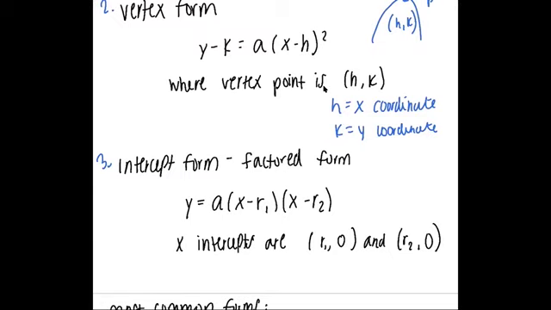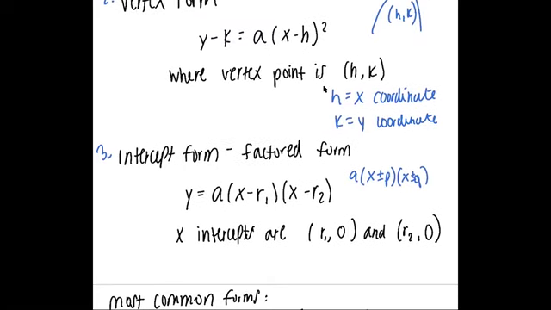If I change this slightly, it looks like our factored form. So it's very, very similar. But the only difference here is now we're saying that these values, r1 and r2, stand for our x-intercepts.